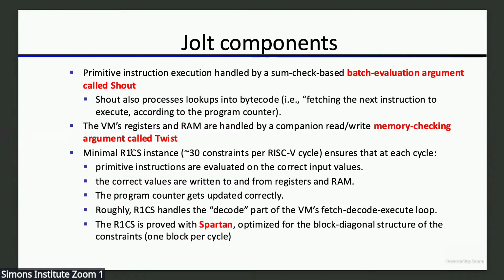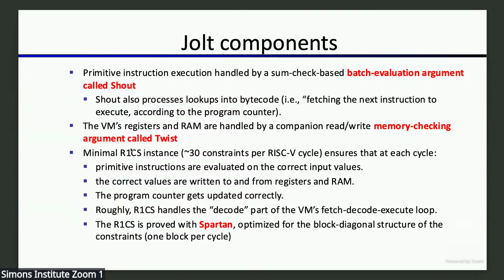So the way we handle primitive instruction execution is via what I call a batch evaluation argument. The community calls them lookup arguments, and they're the same thing. I think the batch evaluation perspective is a better match for the ZKVM context, and you'll see why soon. This is called Shout.